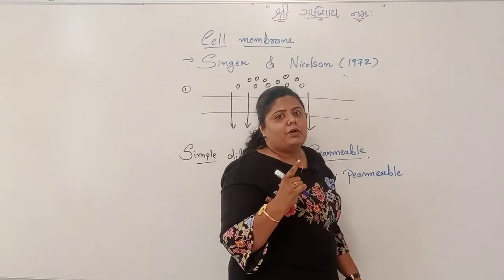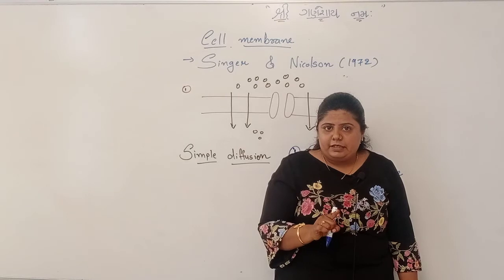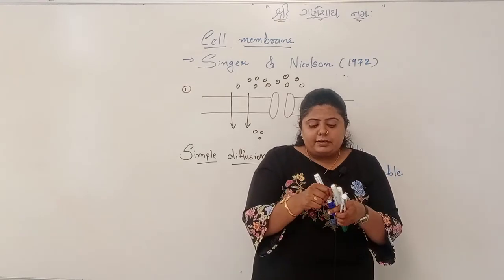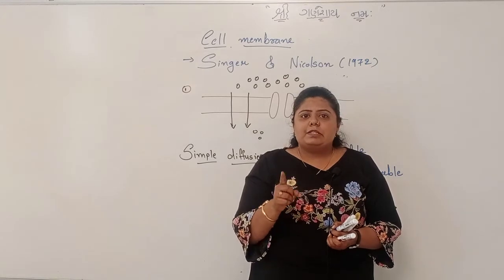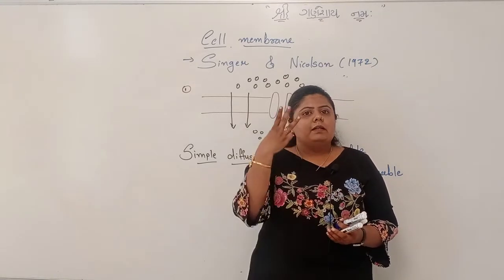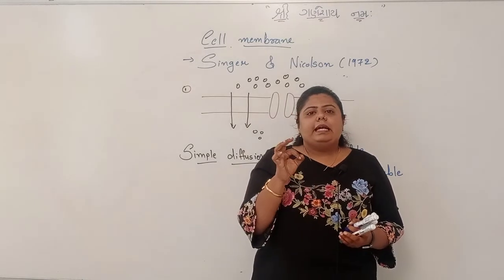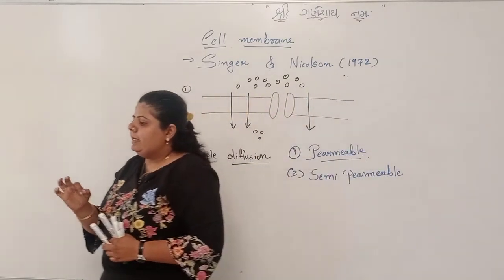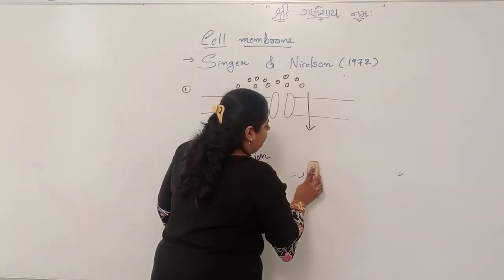It allows only solvent molecules to pass across this membrane, not solute. Beta, concentrate. Only solvent, not solute, can pass through this membrane. Third, the cell membrane is selectively permeable, which allows only selective molecules. Ready?